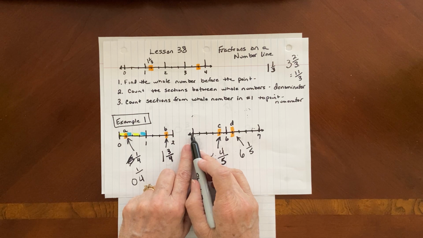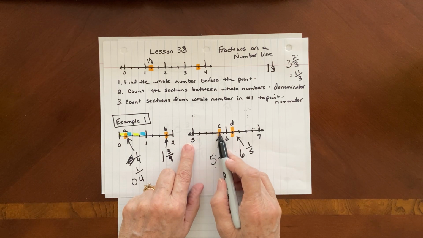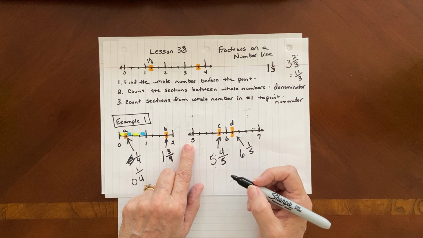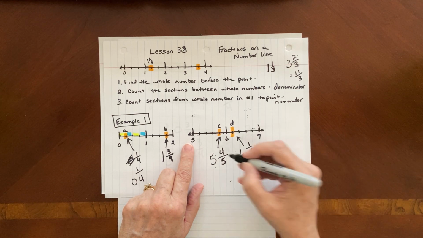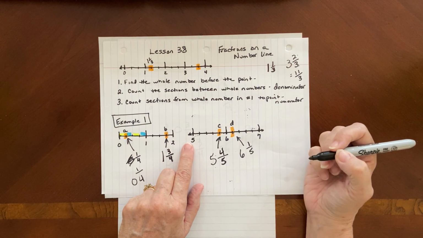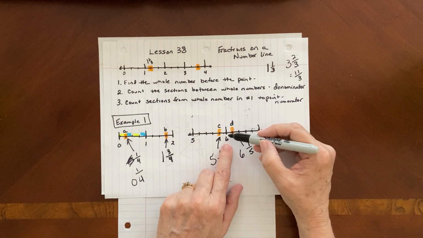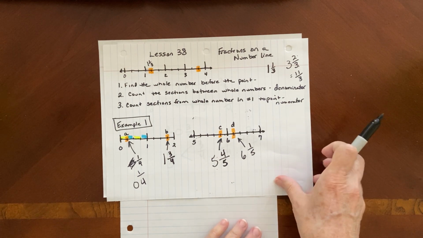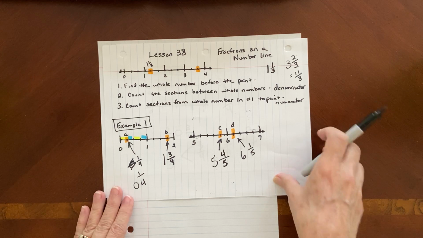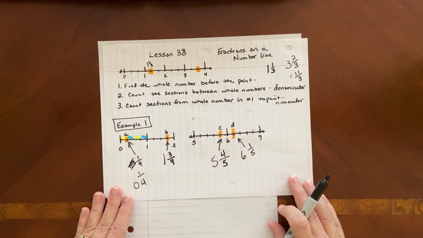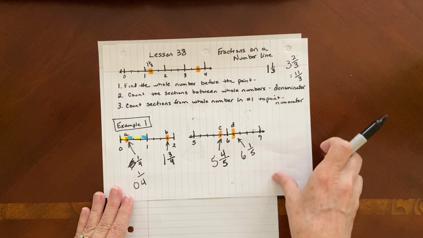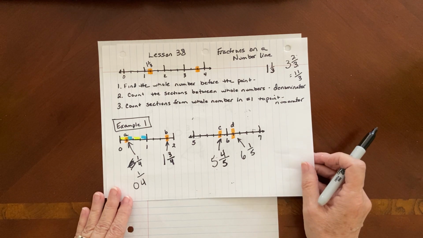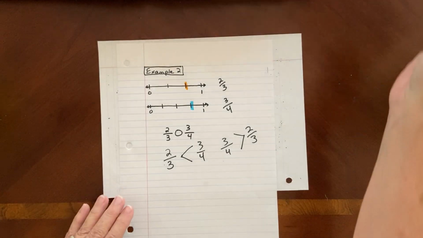I have 5, and then I've got 4 out of 5 of the next piece. So 5 4/5. Here I've got 6 1/5. You'll have to play with this. I like using my lined paper sideways because it makes it much easier to break down equal sections.